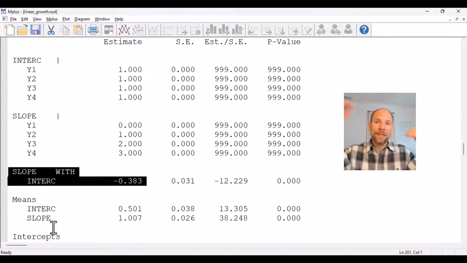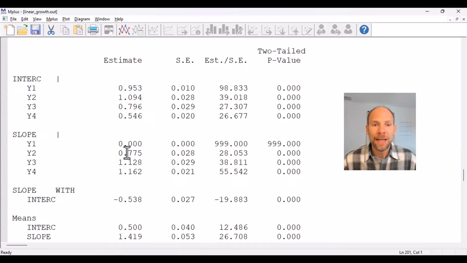So say due to a ceiling effect, they have less room for growth than people who are lower, and so therefore there's often a negative correlation between intercept and slope factor. And so when that is the case, then it can happen that the factor loadings here become greater than 1 because they are no longer interpretable as correlations between intercept and slope factor.